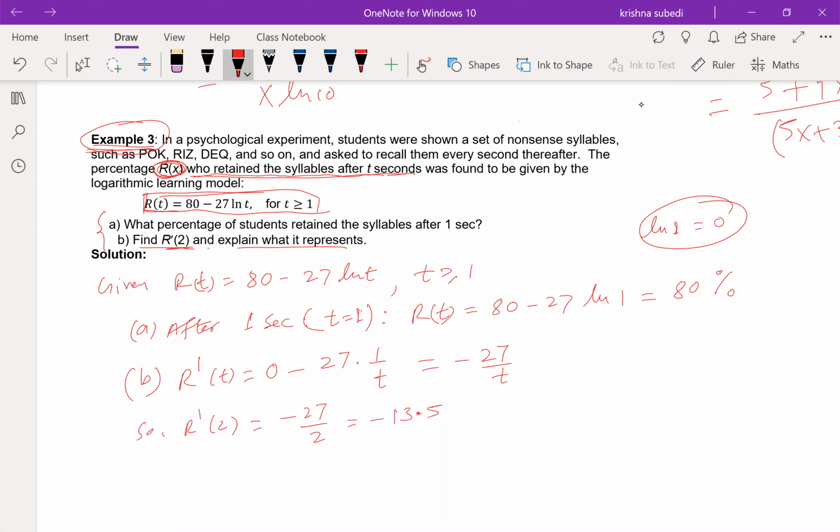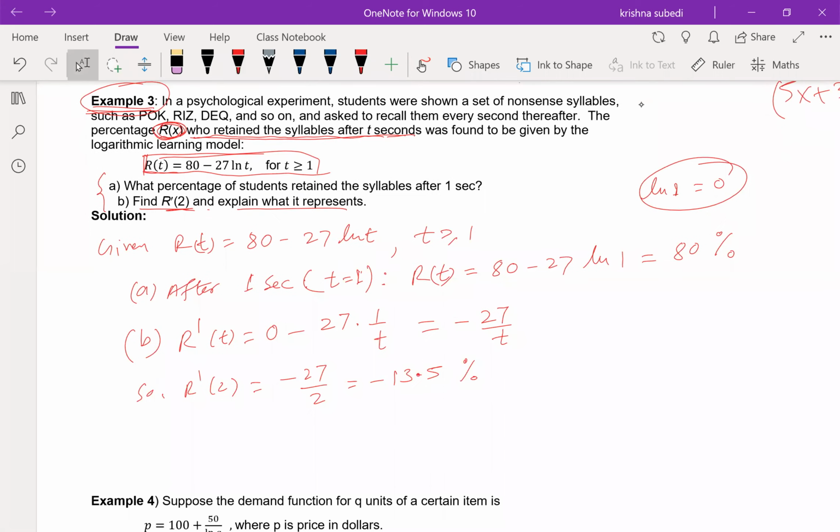And since it is a percentage, this is in percentage now. What does this mean?